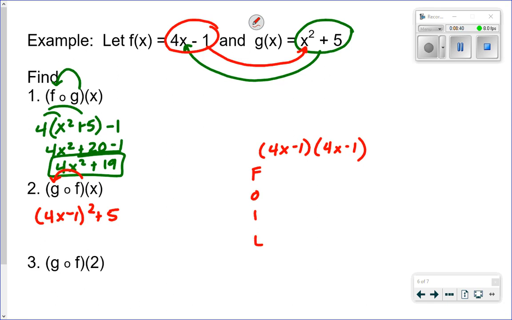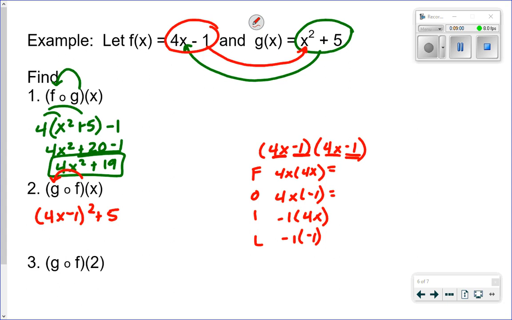My two first terms are 4x and 4x. My two outside terms, 4x and negative 1. My two inside terms, negative 1 and 4x. And my two last terms, negative 1 and negative 1.